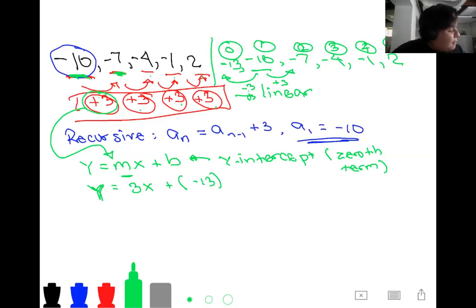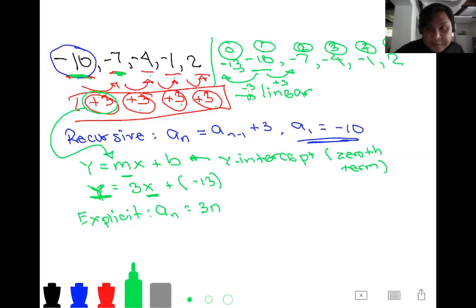However, as I mentioned earlier, for an explicit formula, we do not use y and x. We use a sub n and n. So for an explicit formula, we replace the y with a sub n, and we replace the x with just n.